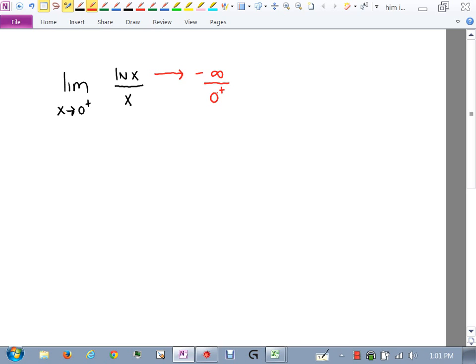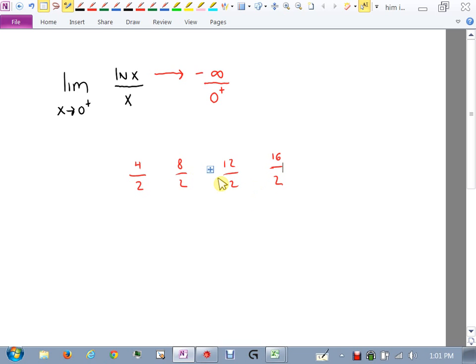Your numerators are getting bigger. Your denominators are getting smaller. So what happens if I have a fraction, and the top keeps getting bigger and bigger and bigger? What happens to that number? If the bottom stays the same and the top gets bigger, what happens to the fraction?